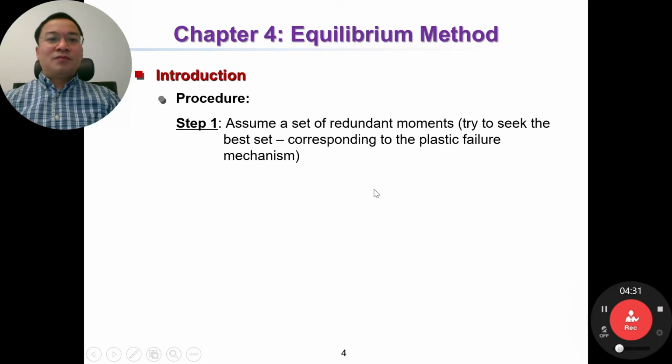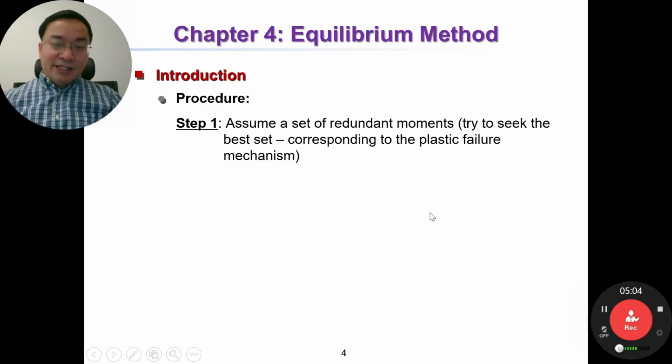This corresponds to the plastic failure mechanism. If we assume the correct mechanism with the correct set of redundant moments, then the solution is correct.